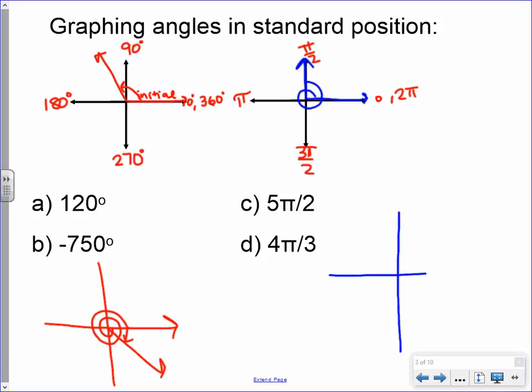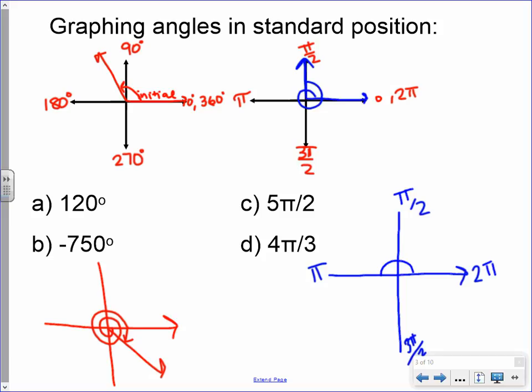Last but not least, we have 4 pi over 3. Okay. 4 pi over 3. 4/3 is bigger than 1, correct? Yes. So we know that this is going to be bigger than 1 pi.